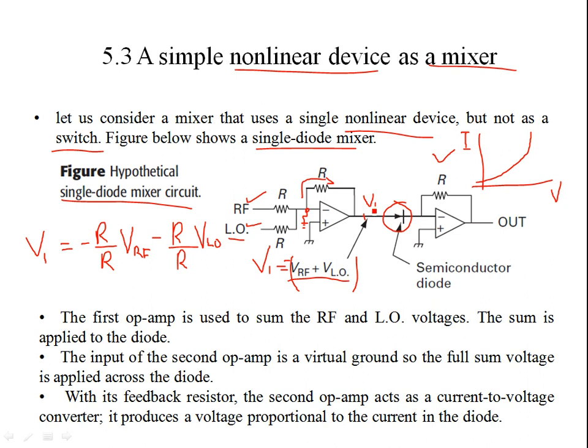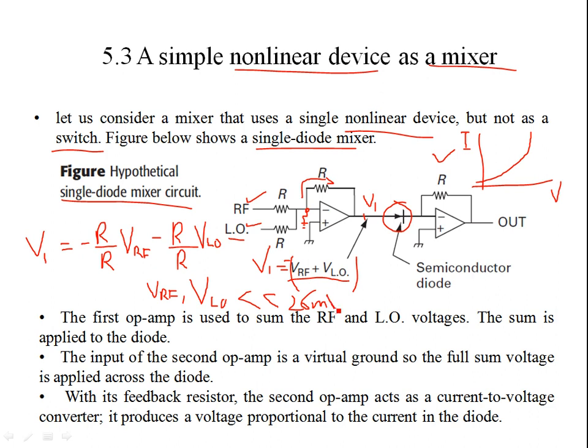So this summing voltage is applied at the input of the PN diode, which is a nonlinear device. For small signal conditions, we assume that VRF and VLO are small, much less than the thermal voltage, or 26 millivolts.